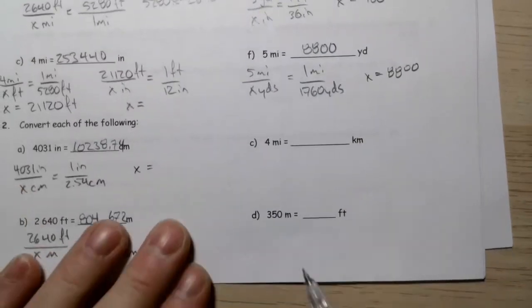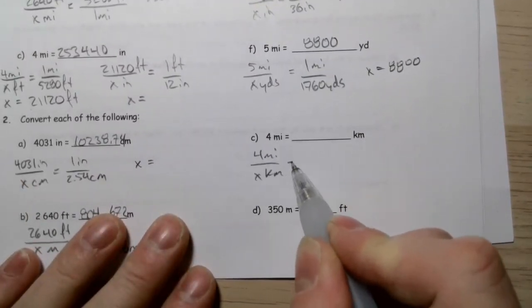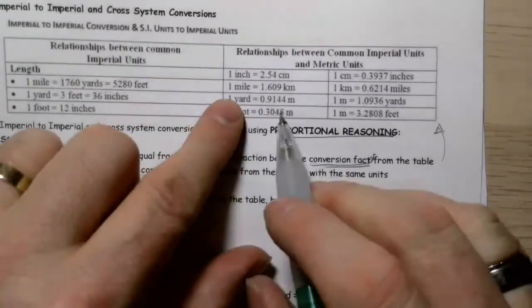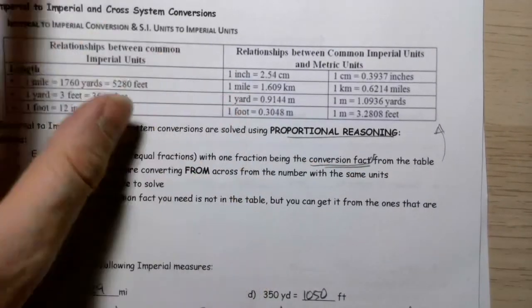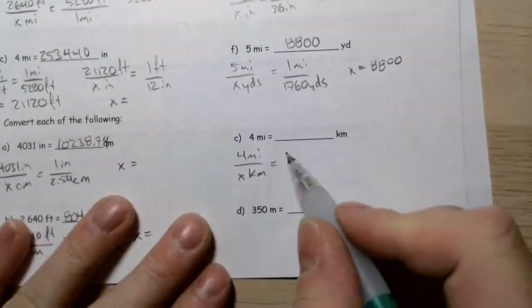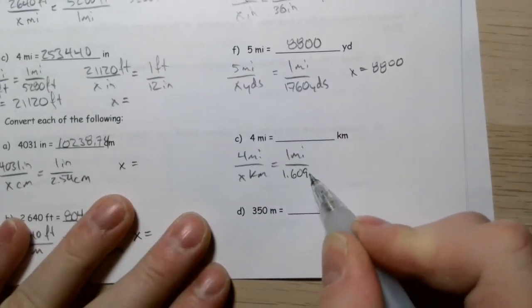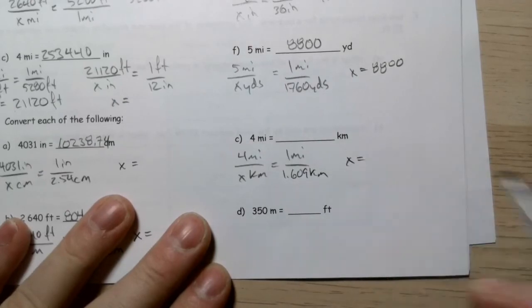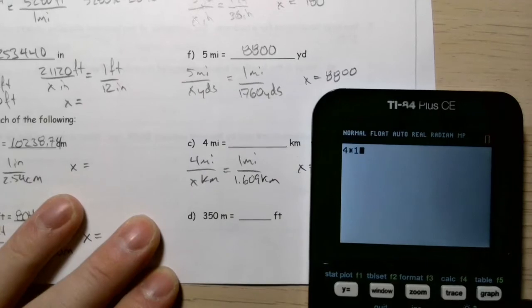Okay, whoops. 4 miles over x kilometers. Okay, now I'm looking for a nice conversion between miles and kilometers. And that one is like the second one up here. 1 mile is 1.609 kilometers. So 1 mile is 1.609 kilometers. And again, I cross multiply. X times 1 is x. And then this becomes 4 times 1.609.